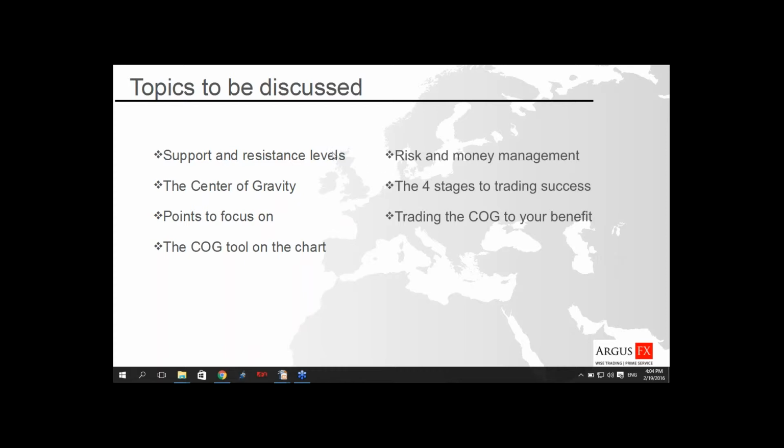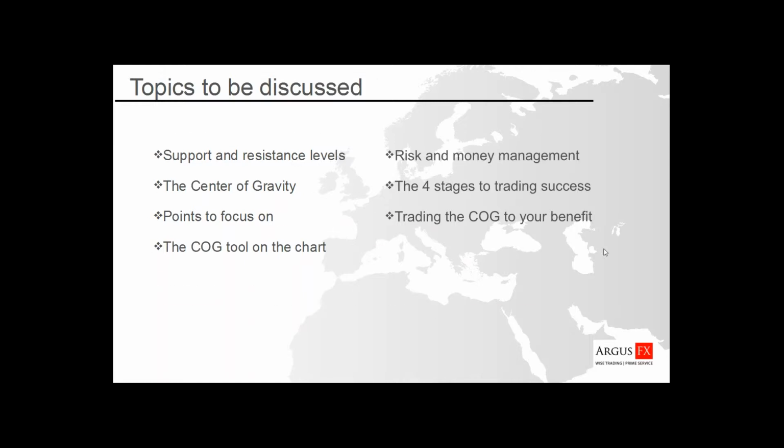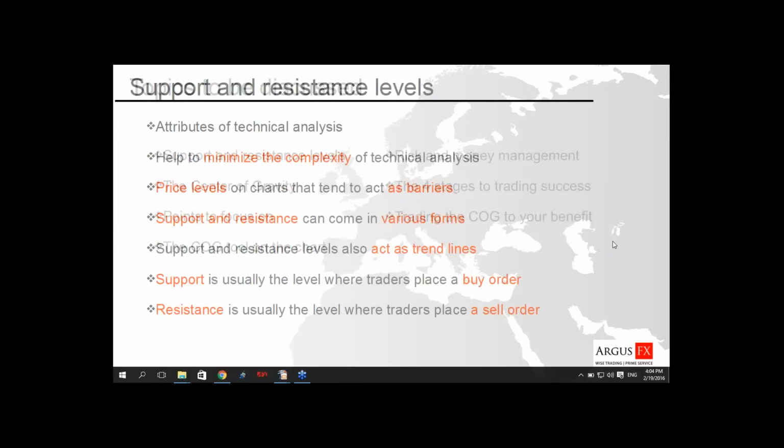We're going to start by looking at what we mean by support and resistance levels. As most of you already know, support and resistance levels are really important. They are two major attributes of technical analysis.